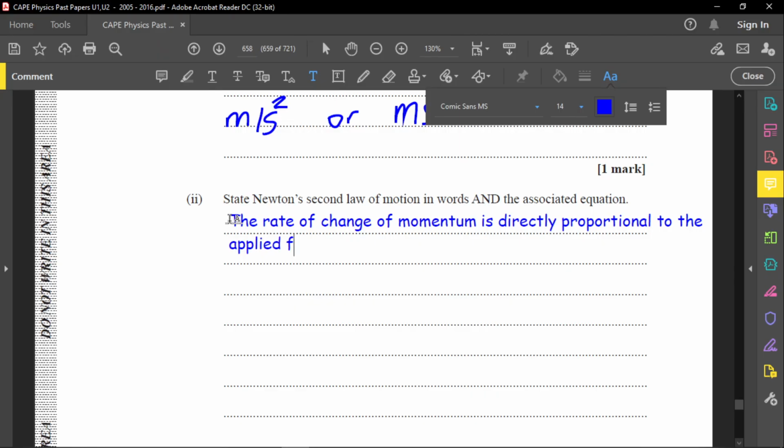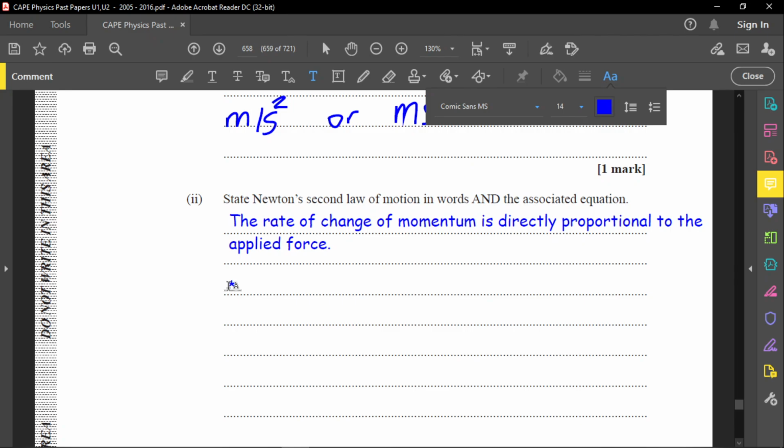Or you could state it as this as well. Let's give you a different version of it, which means the same thing.